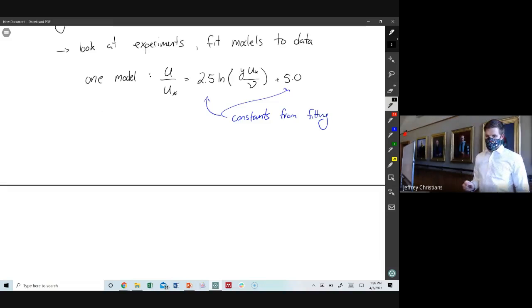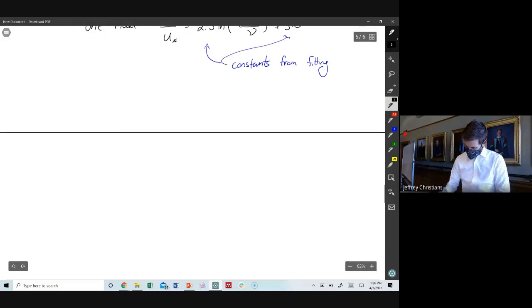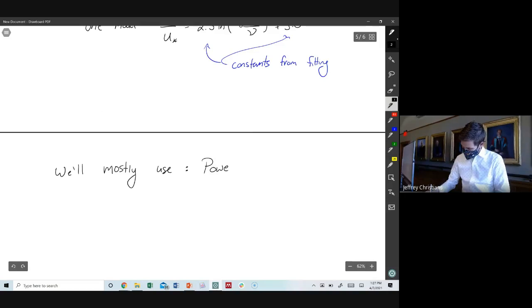The model that we'll use most often is called the power law.